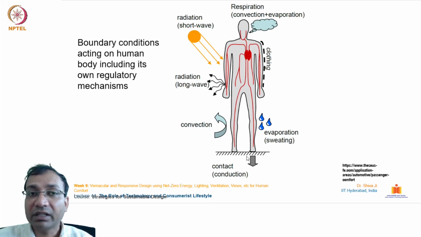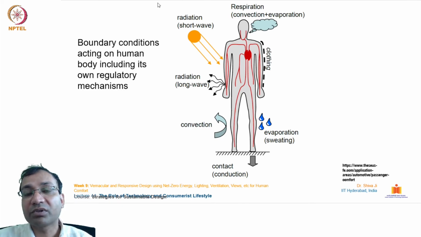And when we touch any surface such as the ground or furniture or anything, we keep conducting some heat to that body, resulting in some heat loss from that touch. So in an overall sense, this is how thermal energy exchange keeps on happening on any human body.